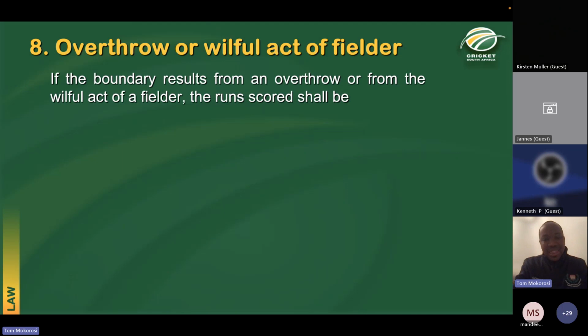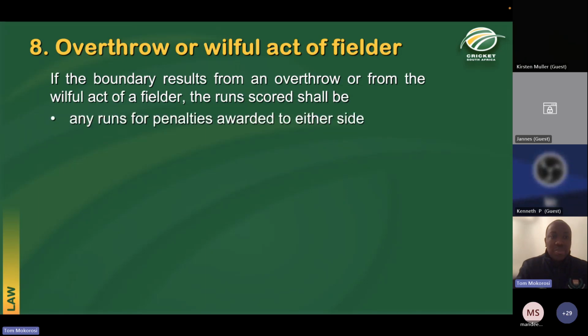Mainly because they think they are keeping the striker on strike for the next delivery, but that's not necessarily the case. The runs scored shall be any runs for penalties awarded to either side. Those will always stand.